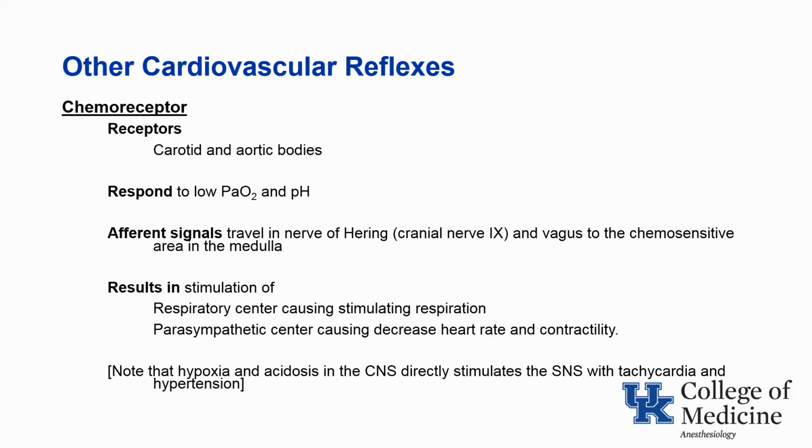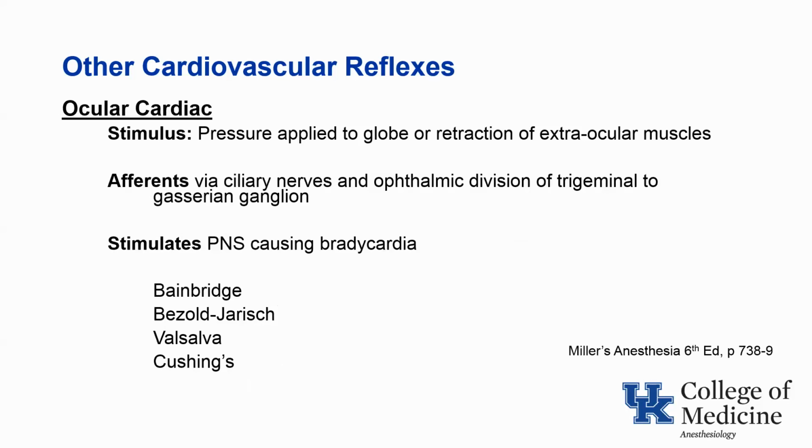It results in stimulation of the respiratory center, causing stimulation of respiration. And the parasympathetic system causes decreasing heart rate and contractility. Note the hypoxia and acidosis in the central nervous system directly stimulates the sympathetic nervous system with tachycardia and hypertension.